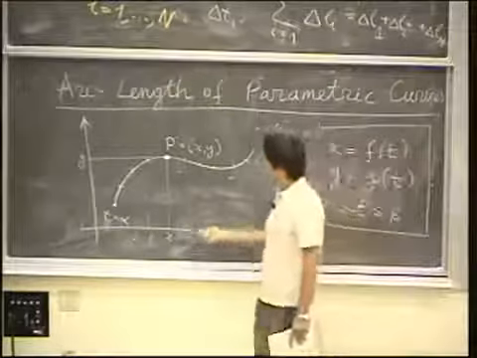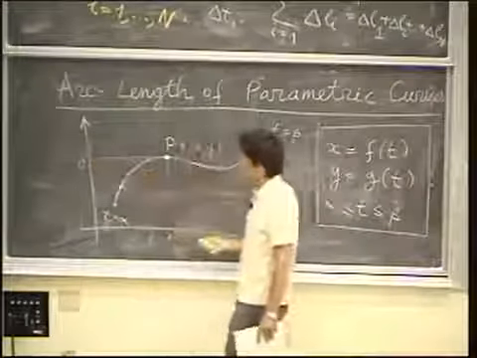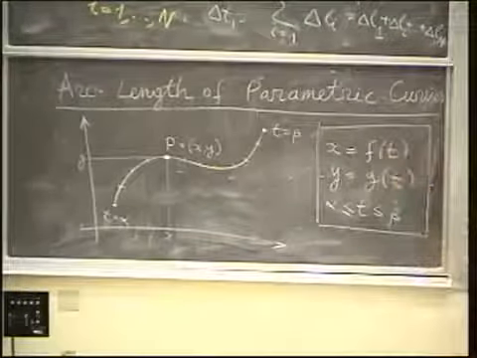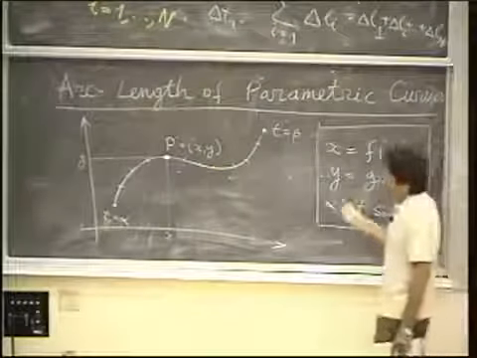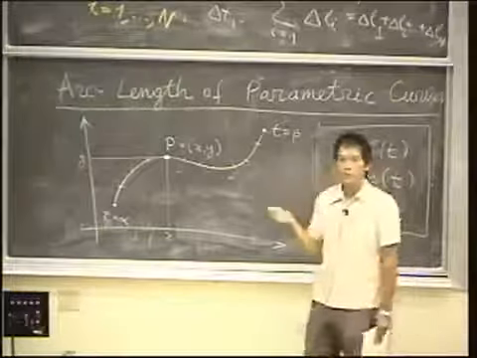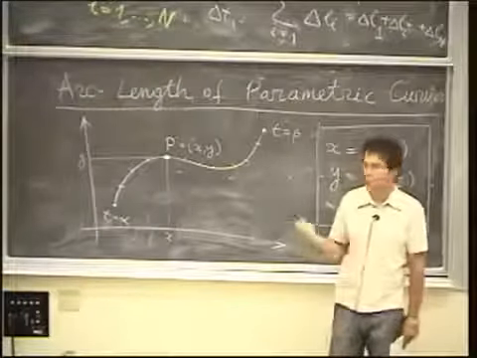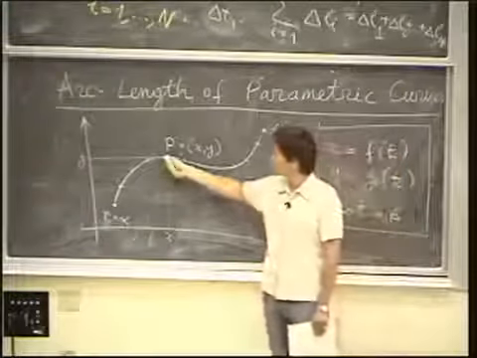So this system of coordinates, x and y, is called the Cartesian coordinate system in honor of a French mathematician, philosopher, Descartes. But in fact, there are other systems of coordinates which in many situations are more convenient and more useful than the Cartesian system of coordinates.